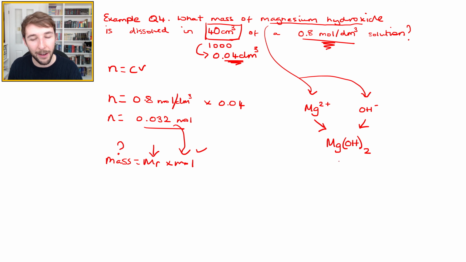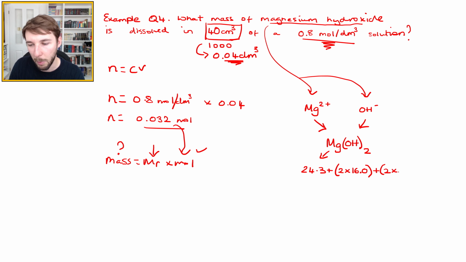So let's get their Ars and then start to assemble that Mr. Well, magnesium at A level is actually 24.3, so 24.3 for the magnesium. Remember, I've got 2 of the oxygen, each of which is 16.0, so 2 times 16.0. Make sure you bracket this up as you go. And then we've got 2 hydrogens, each at 1.0.